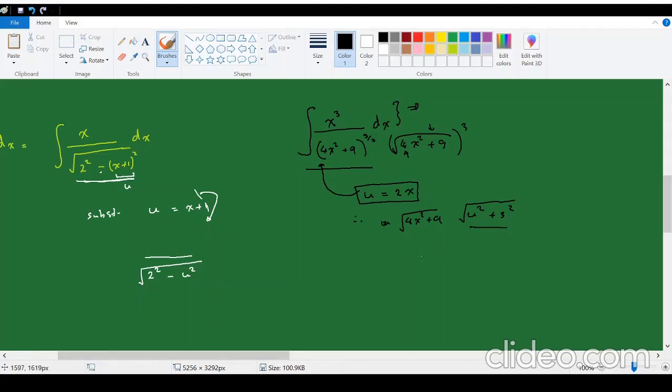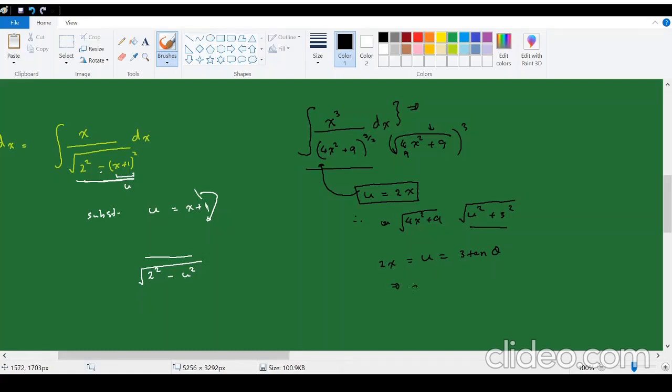So we should use u equals 3 tan theta, right? That means now from here we can see 2x is equal to 3 tan theta.